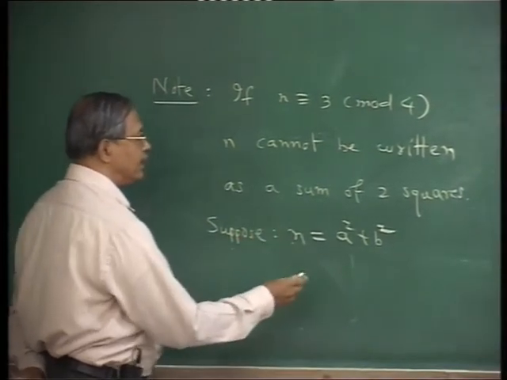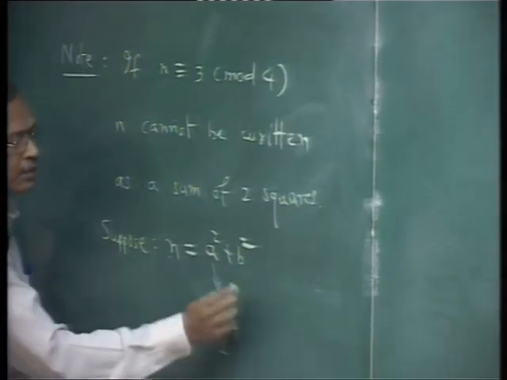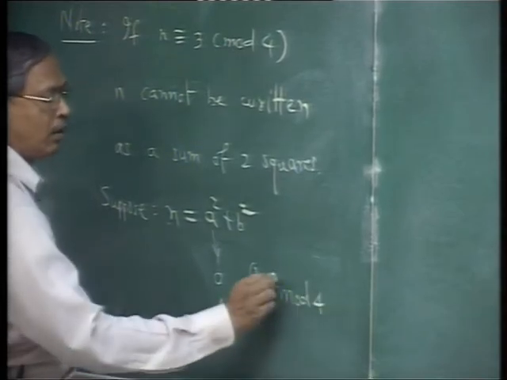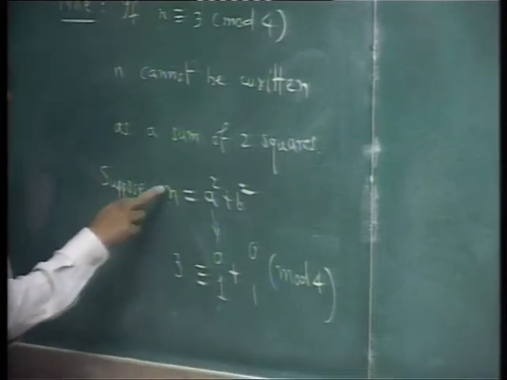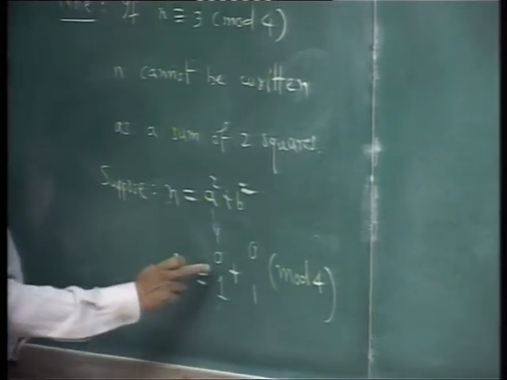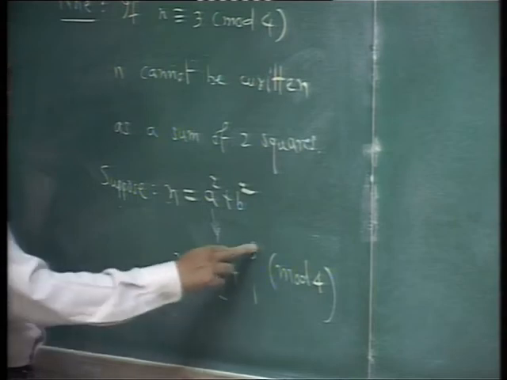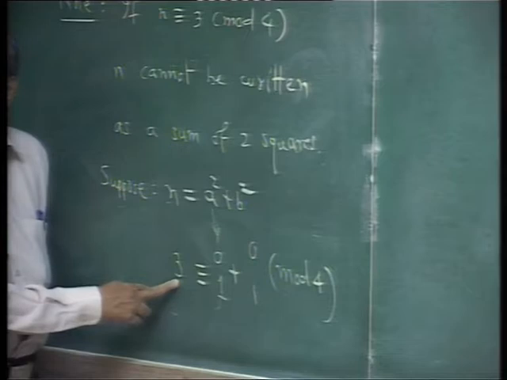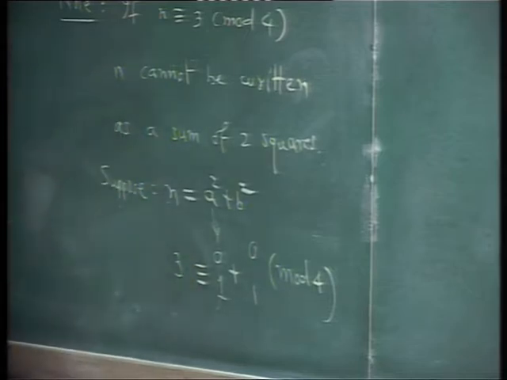Suppose it happens, then a square is 0 or 1 mod 4, plus b square is 0 or 1 mod 4, and n is 3 mod 4. If this is true, then 3 should be congruent to this sum, that is 0 plus 0, or 0 plus 1, or 1 plus 0, or 1 plus 1. But this right hand side is never 3 mod 4. It is either 0 or 1 or 2 mod 4. That means this is not possible. N congruent to 3 mod 4 is not possible.